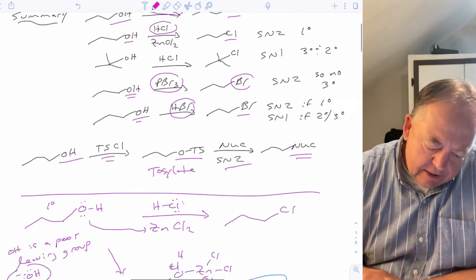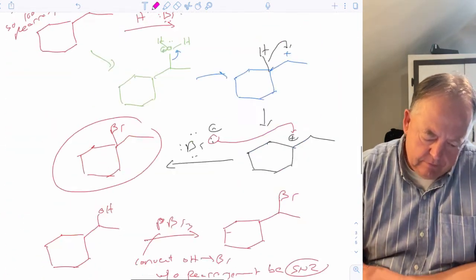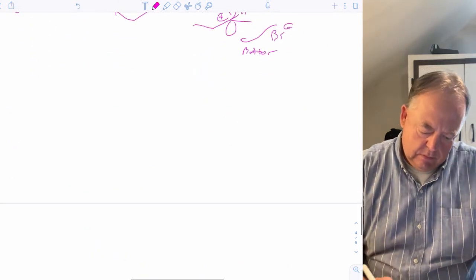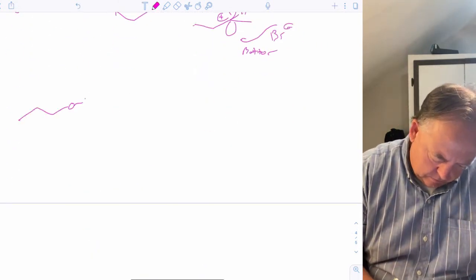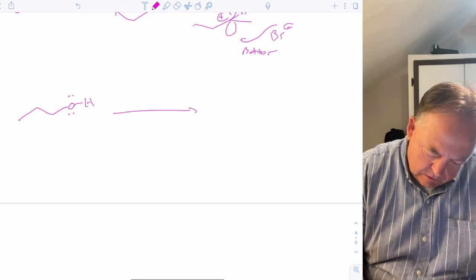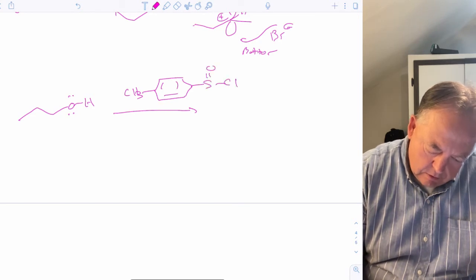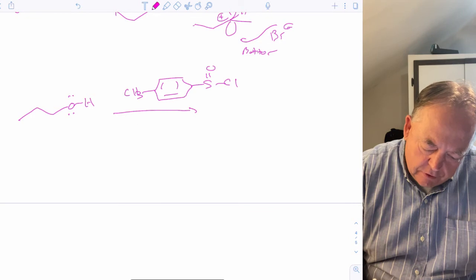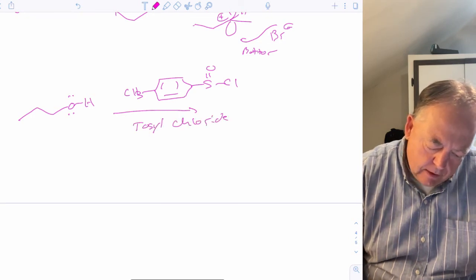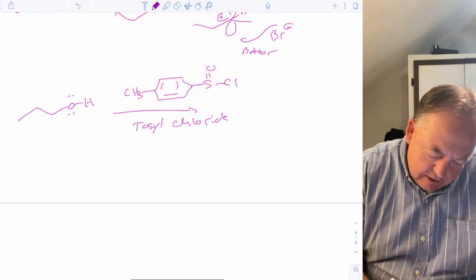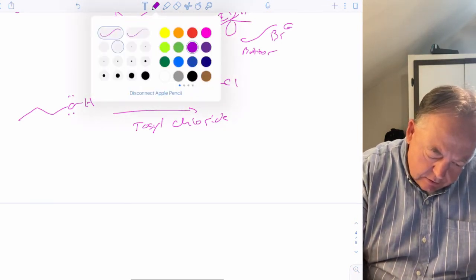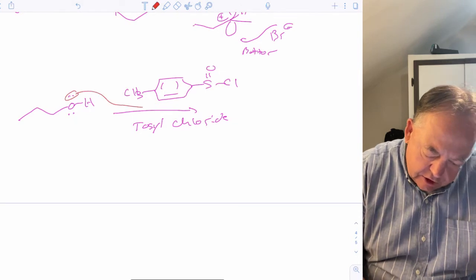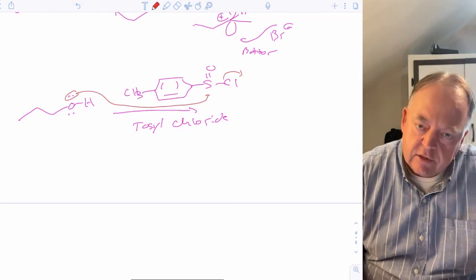And so the last reaction is this tosylate. If you take the alcohol and react it with that compound, that's what's called tosyl chloride. What happens in this reaction is, take a lone pair on oxygen, make a bond to sulfur, and kick the chlorine off.